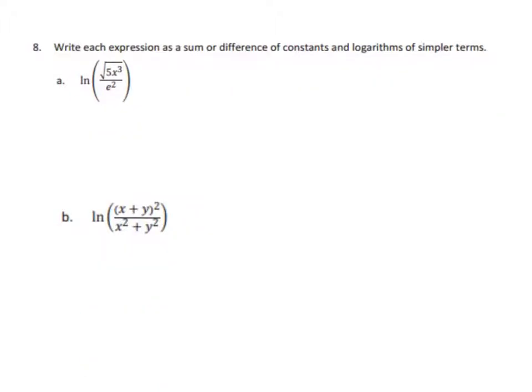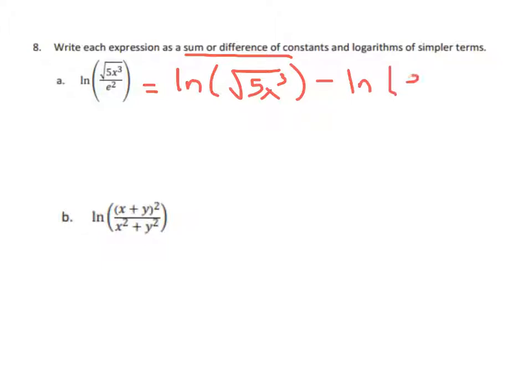Alright, 2 last problems before we summarize this. It says write each expression as the sum or difference of constants, logarithms, and simple terms. So we know division is difference. It's subtraction. So you would do the natural log of the cube root of square root of 5x cubed, and then subtract the natural log of e squared.